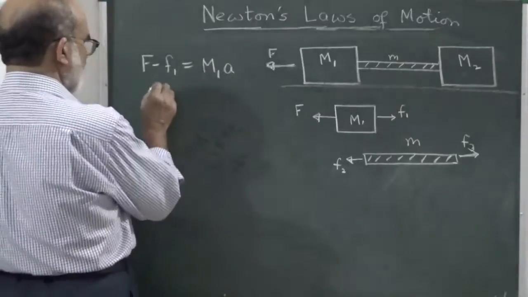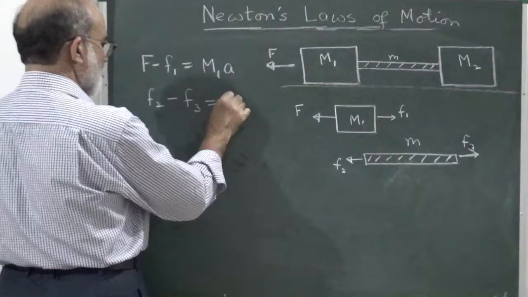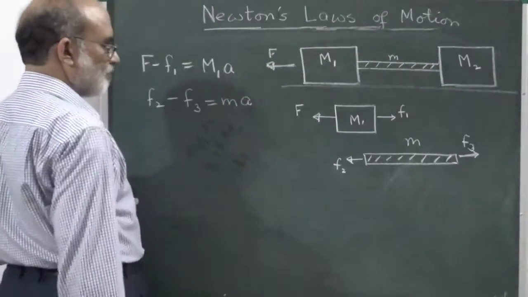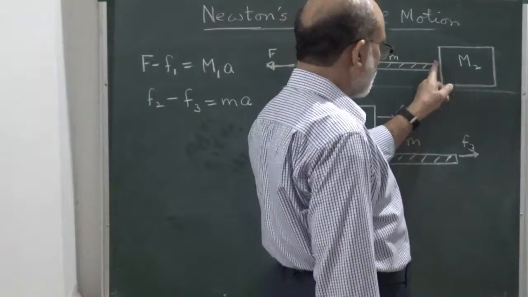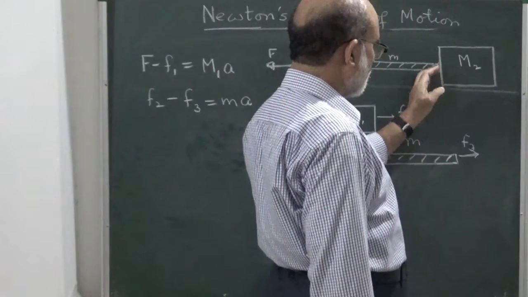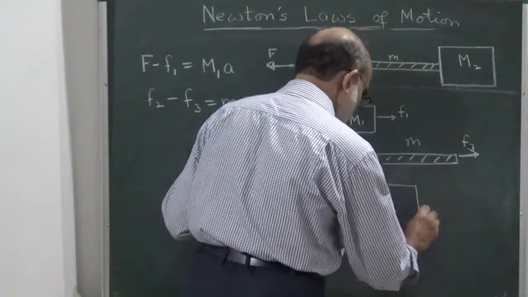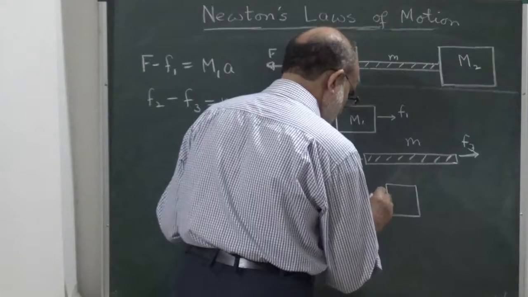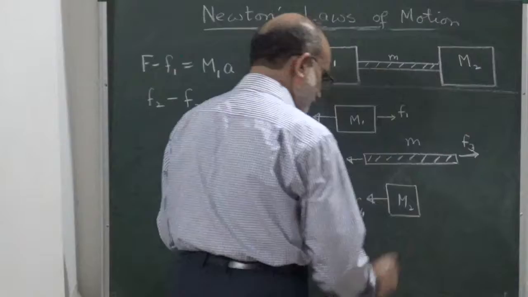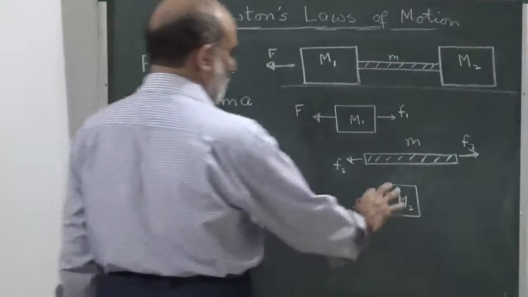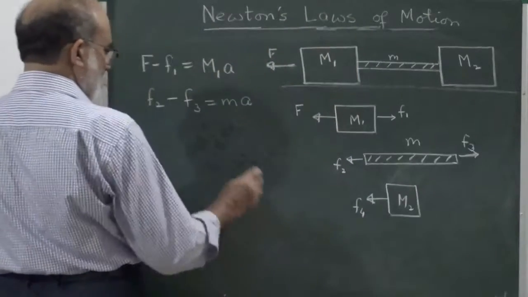So the equation of motion of the rope is F2 minus F3 is equal to mass times acceleration. Now if F3 was the action on this rope, the reaction of the rope on the mass M2 will be, say, F4. For M2, there is nothing else in the surroundings, only F4 is the external force.